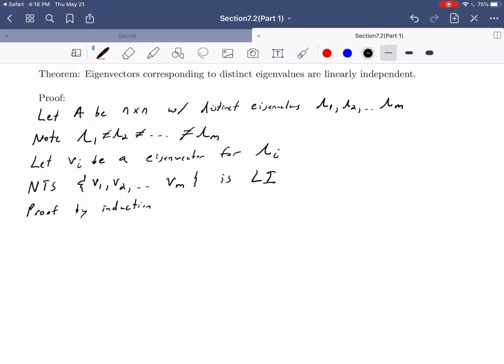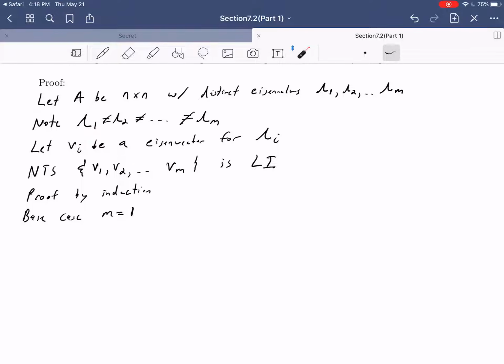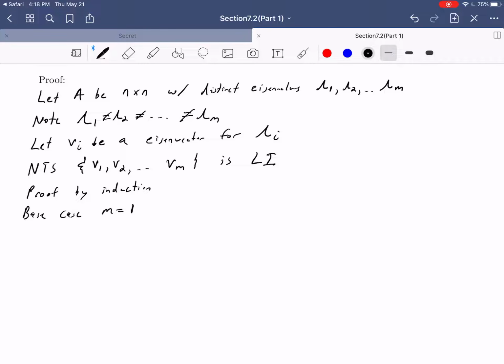So we're going to first consider as our base case that we only have one eigenvalue and one eigenvector. Well, obviously then, our set will just be v1, and this is obviously linearly independent, right?